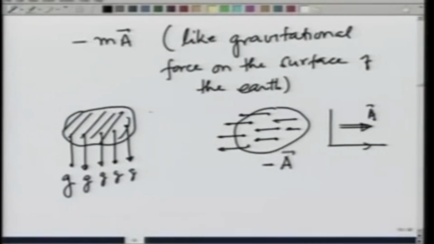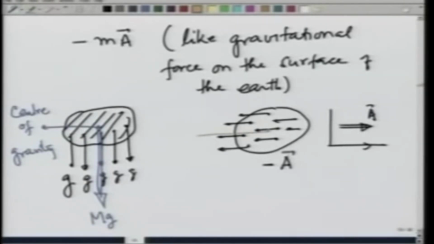Just like the force out here, the net force in this case acts on the center of gravity, which we call the net force is mg, and it acts at the center of gravity. In exactly the same manner out here also, since the force is uniform acceleration for each particle, it will also be acting on the center of gravity towards minus a direction, and the total force would be minus m a, but it will work at the center of gravity.